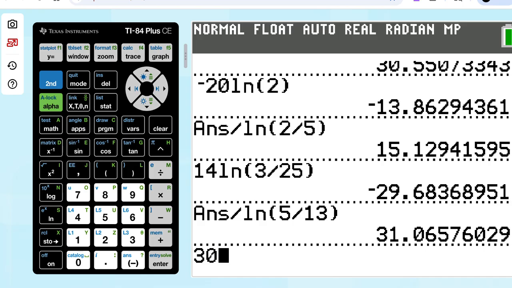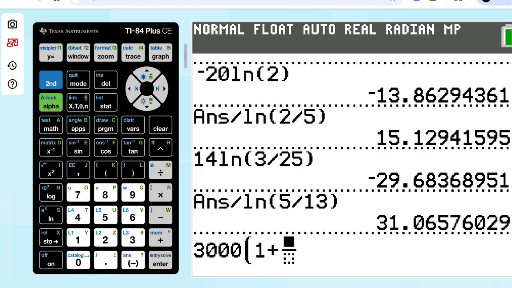So we've got 3,000 times 1 plus, I'm going to use alpha and then the button next to it for a nice little fraction here. If you don't have that option, just do parentheses for your fraction. Make sure that whole little fraction is in parentheses. Our interest rate was 0.0236. Our number of times compounded was 4.